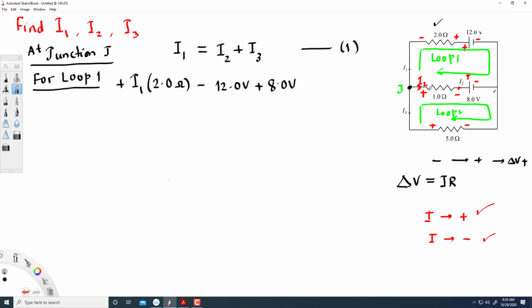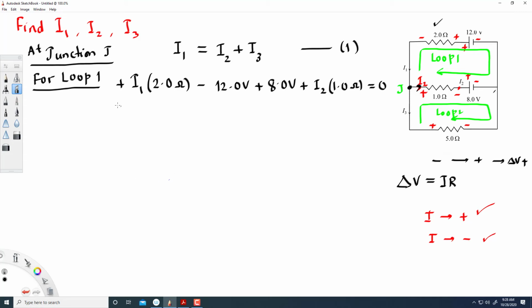The potential difference across this one is I times R. I is I2, and R is 1 ohm. Now we are going from negative to positive, so it's positive, and that is equal to 0.